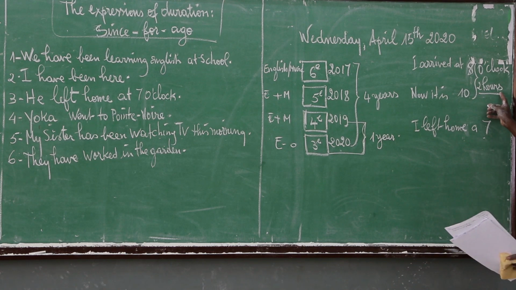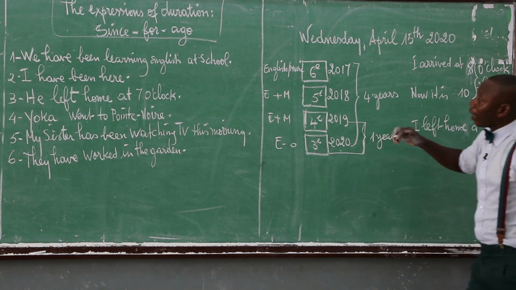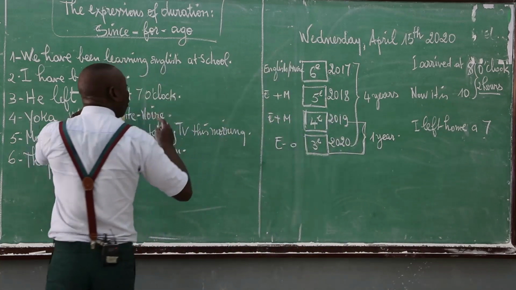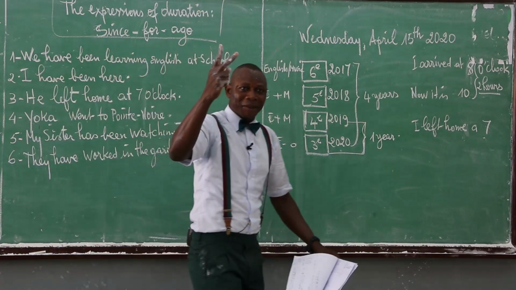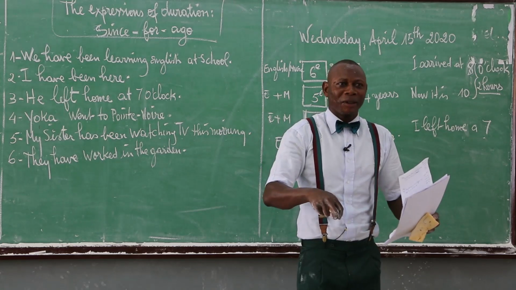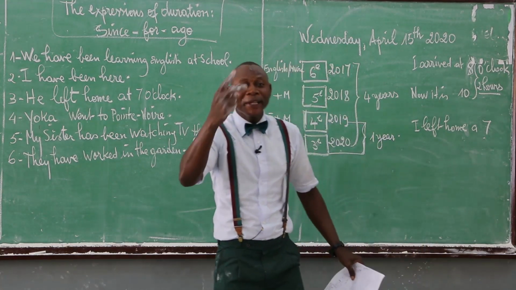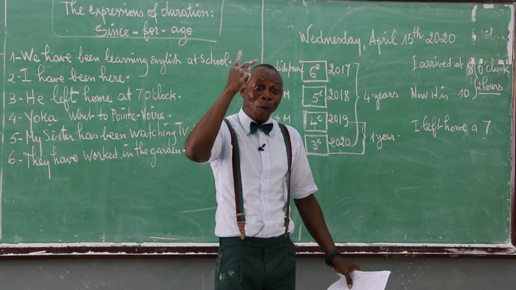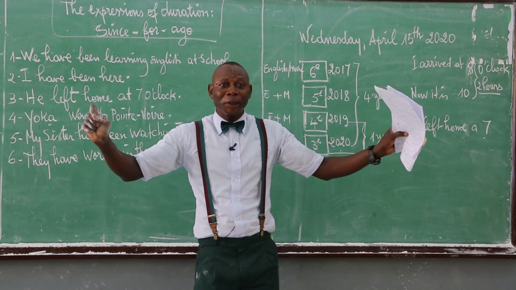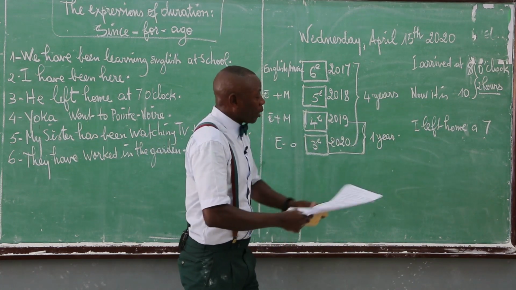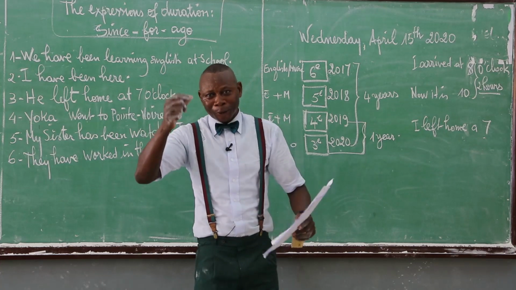Okay? You understand? So I say this. I have been here for 2 hours. So I spent 2 hours here until now. Okay? I have been here for 2 hours. Now I use 2 hours because I give the duration in length. Okay, we can say for 2 hours.